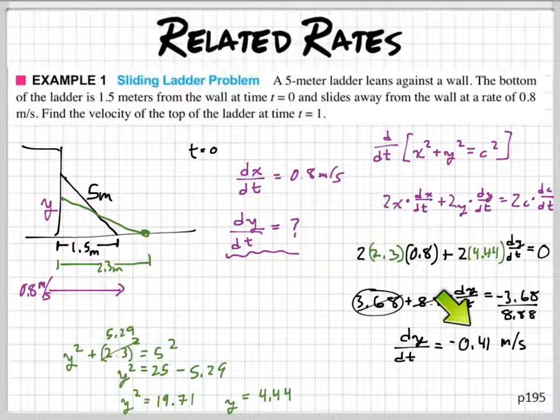Now the rate is negative because it's going down. Another thing to note is that this rate is smaller than the rate at which it's being pulled out. Keep this in mind, that this is only that rate at that moment.